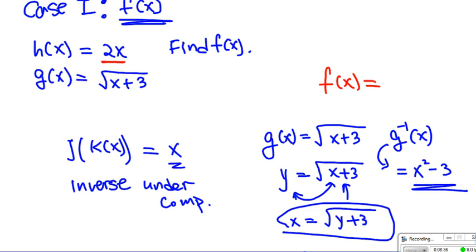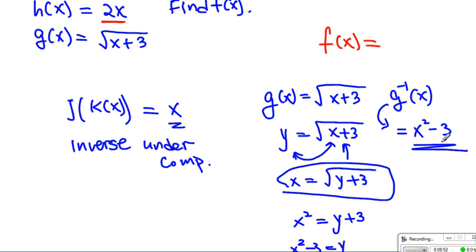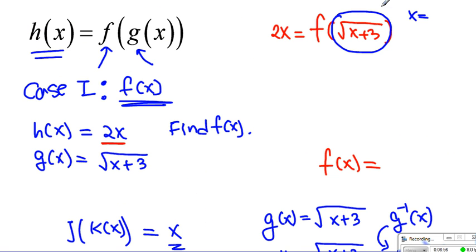Now, since we are using x already, just for clarity's sake, let me write it down here that x equals, I'm just going to use another variable, a squared minus 3, because that was the expression. What if I were to use a instead of x?